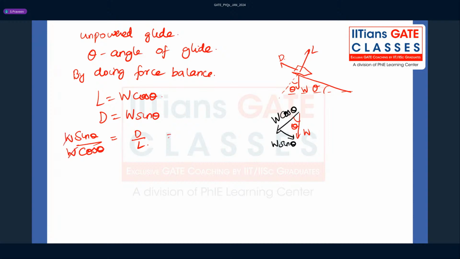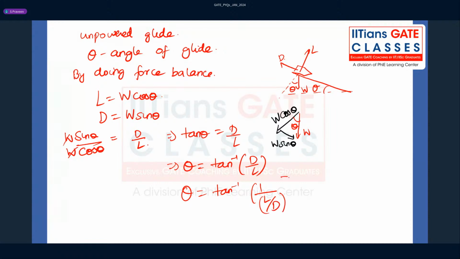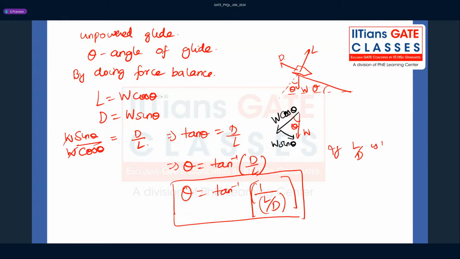Which means tan theta is equal to D by L. This implies theta equals tan inverse of D by L, or in other words, I can write theta is equal to tan inverse of 1 divided by L by D. This is a point to remember. Bracket this, which means if my L by D is maximum, then theta is minimum, right? This is the point that you have to remember.